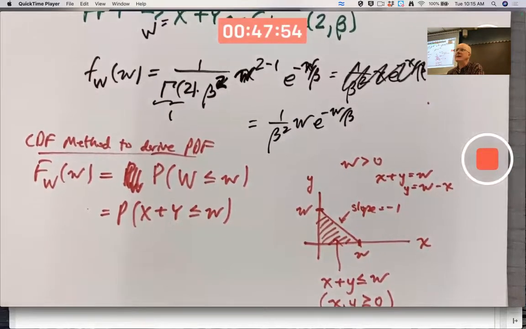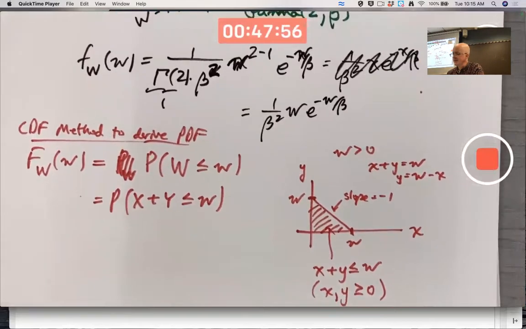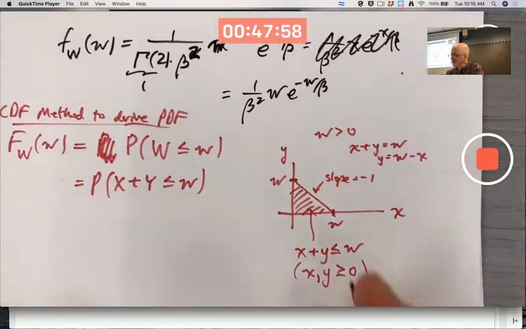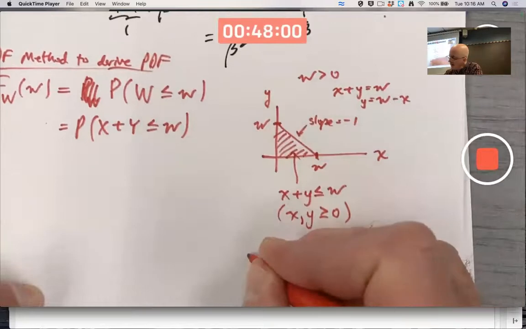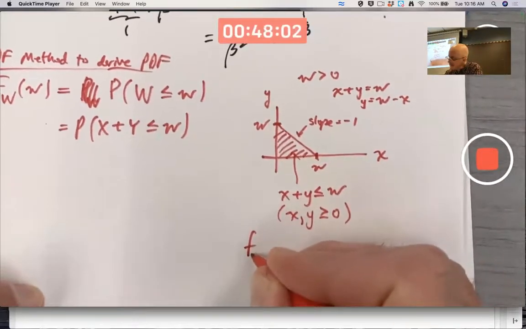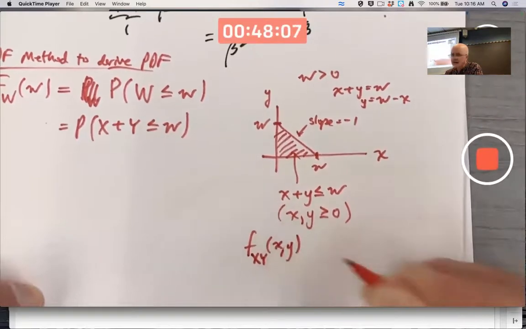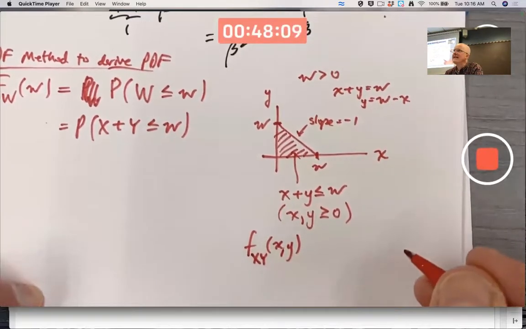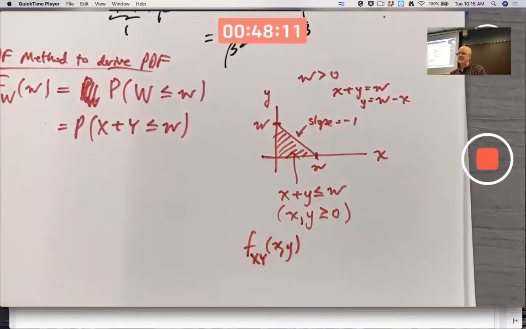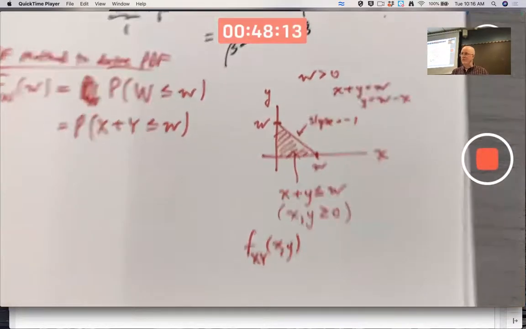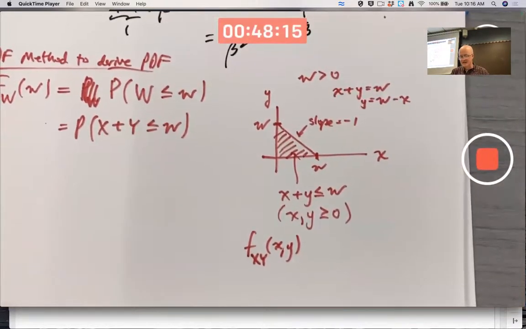But what is the joint PDF of x and y? Our book would label that f sub xy of little x, little y. Independence is needed to figure it out. Remember, I said to know this for the test in case I put a true false or multiple choice question about it on the test. And I think I did, except I wrote it in words instead of an equation.